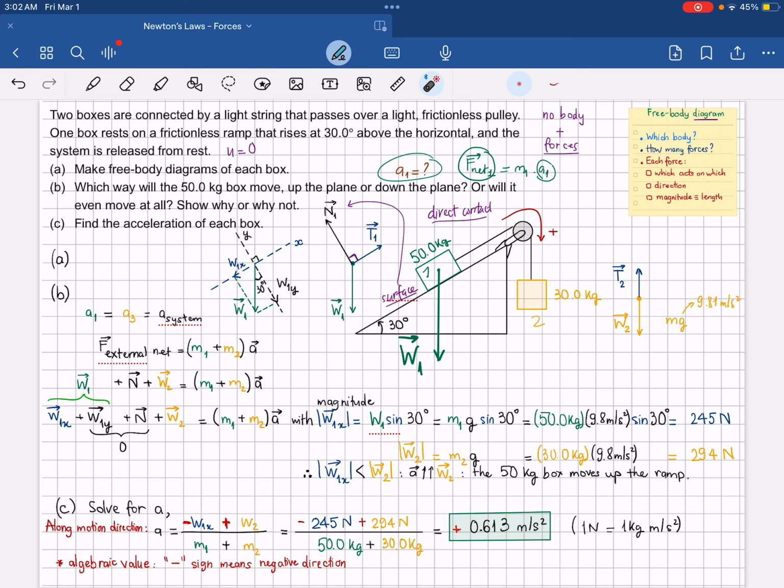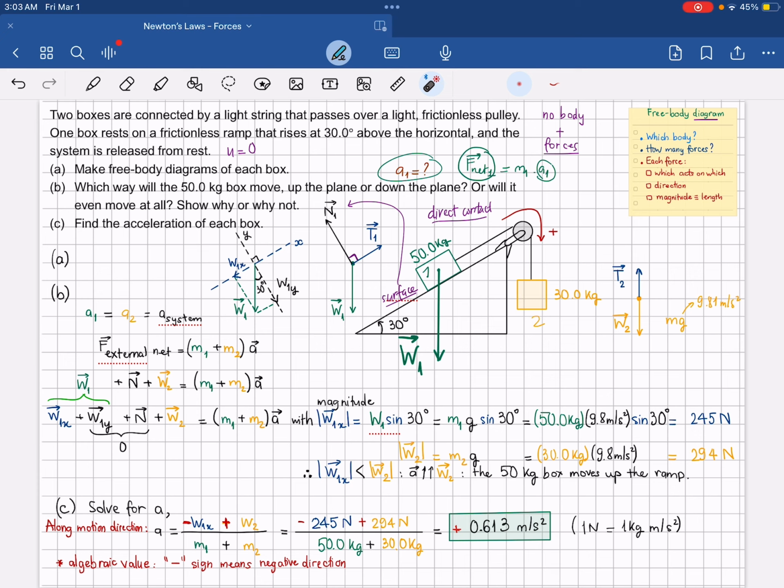Maybe we can figure out the acceleration. So let's see if we can do it. A2, sorry, this one should be A2. A2 should be the same as the acceleration of M1, and also the same as that of the system including both of them.